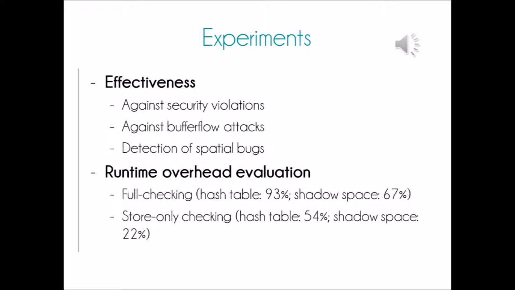For all the benchmarks, these runtime overheads are likely more than acceptable for debugging, internal and external testing, and for mission-critical applications. On the other hand, store-only checking benefits the hash table implementation less than the shadow space implementation, for average runtime overheads of 54% and 22%, respectively.